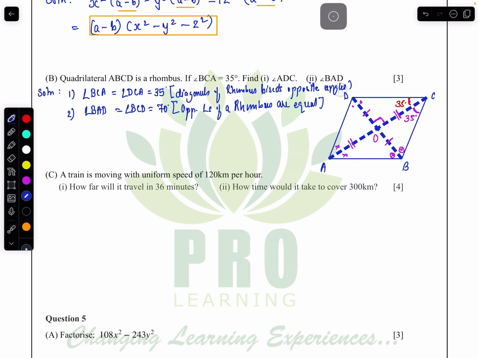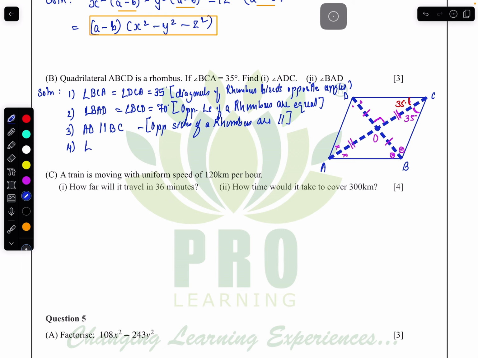So here we write the third statement: AD is parallel to BC, because opposite sides of the rhombus are parallel. So this is done.